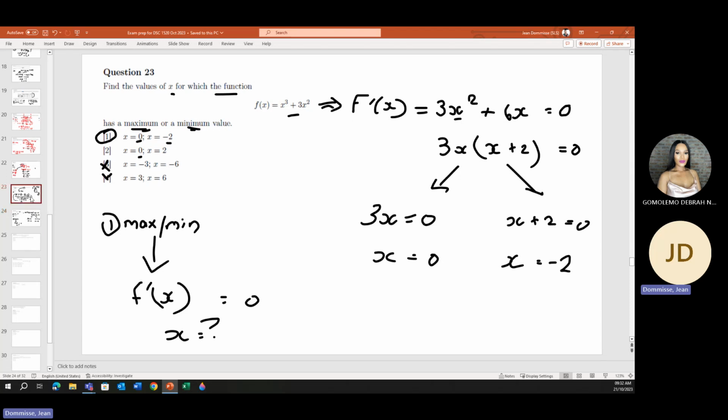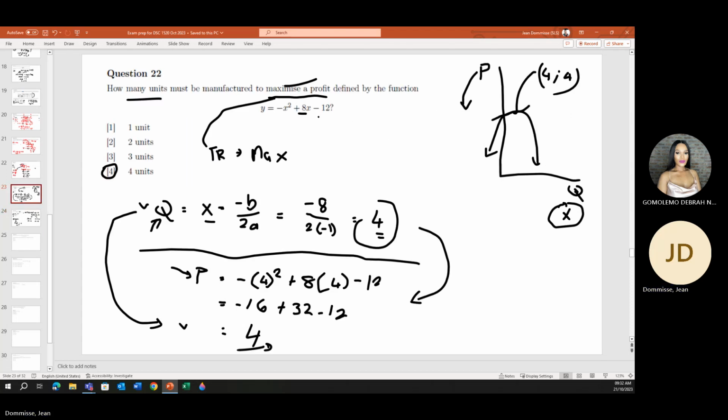Let me quickly show you one thing. With this formula where we said we need to maximize, you could have differentiated that as well. So if you said, let's differentiate y, you would have gotten minus 2x to the power of 1 plus 8.